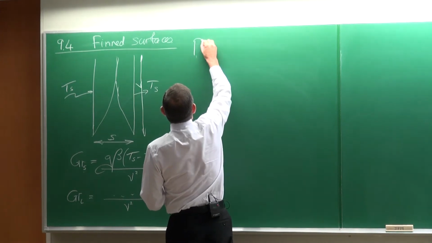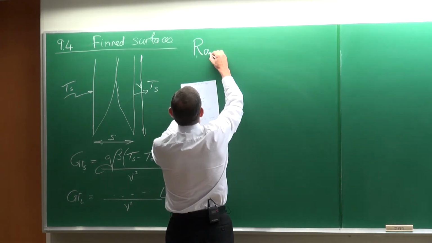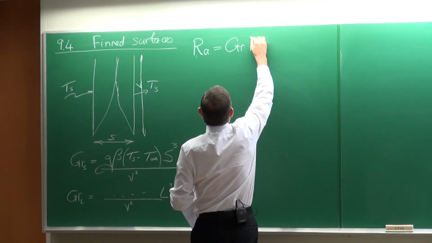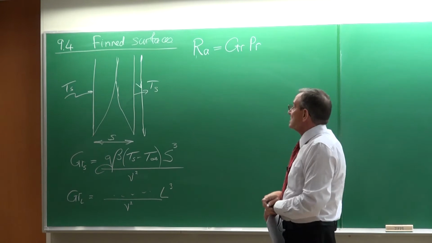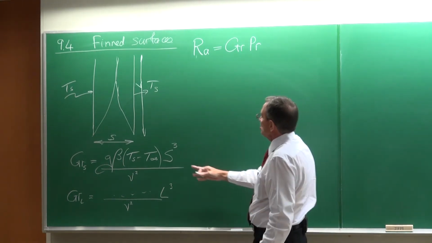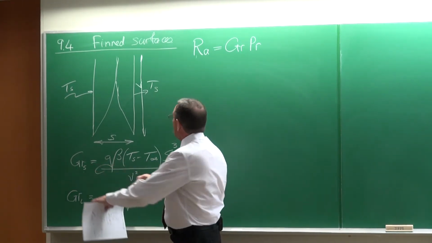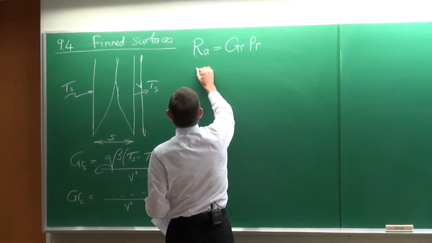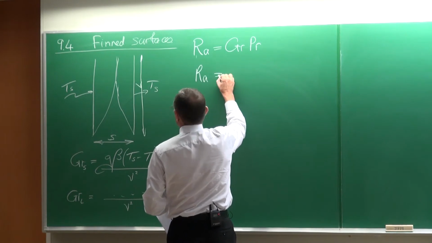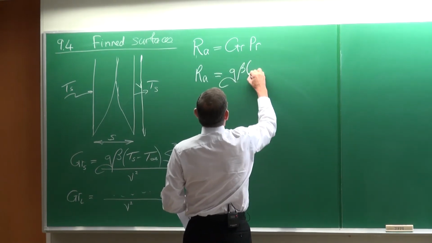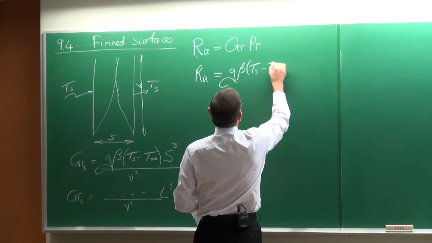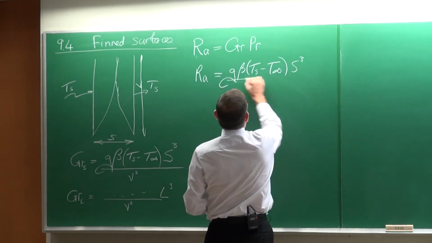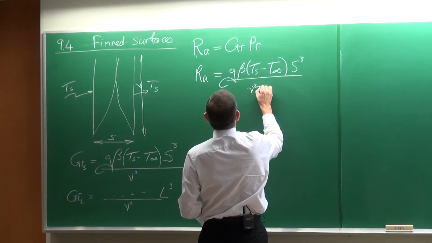In most cases, we are actually interested in the Rayleigh number, which is equal to the Grashof number multiplied by the Prandtl number. So with many of these equations, they don't give the Grashof number, but they would immediately give the Rayleigh number. So in this case, for example, the Rayleigh number would be equal to g beta (Ts minus T infinity) S to the third, divided by the kinematic viscosity.